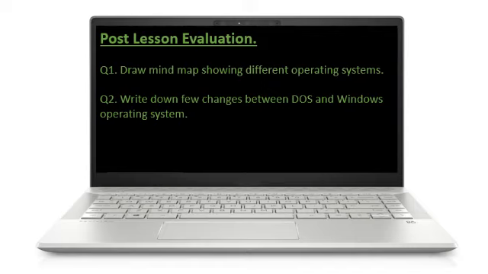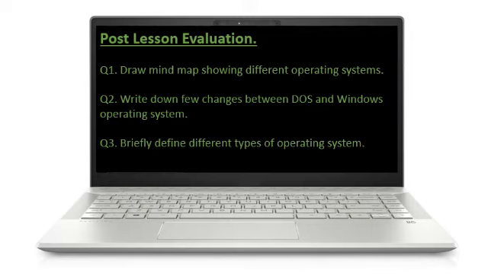Question number 2, write down a few differences between DOS and Windows operating system. And in the last, question number 3, briefly define different types of operating system. This is all you need to do in your FAIR notebooks, and this is your post-lesson evaluation.